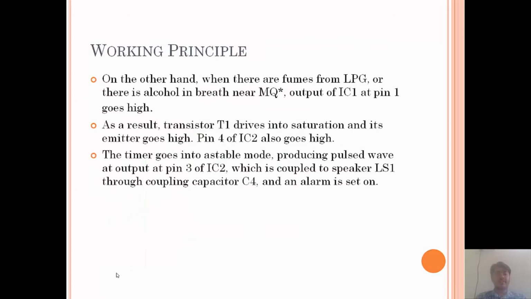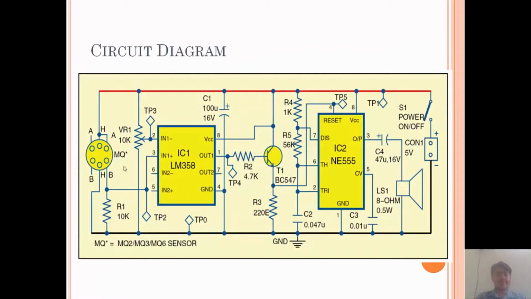Now let's go to our circuit diagram and understand the working principle. IC1 is wired in non-inverting comparator mode. We set one reference voltage using this variable resistor. If the voltage from the alcohol sensor at pin number 3 is higher than pin number 2 of IC1, the output of the op amp swings high and we get the output at pin number 1.